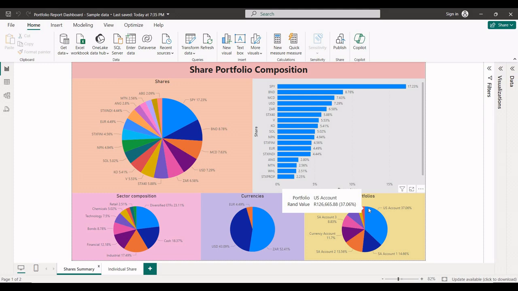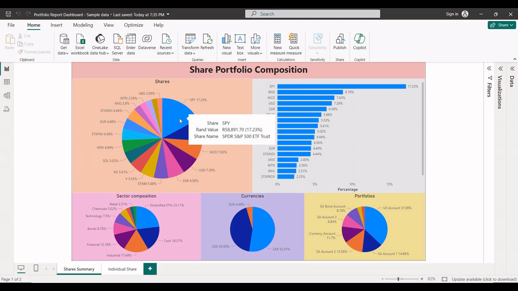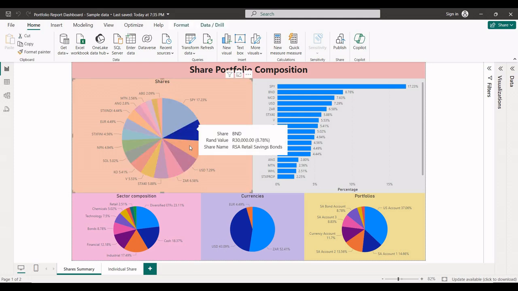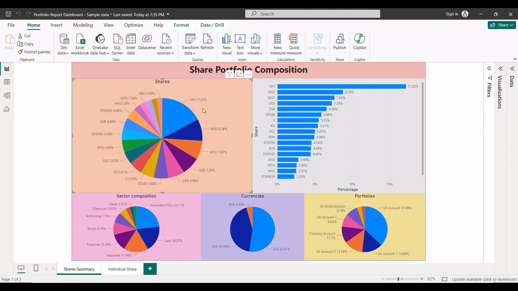Now, just to go through the visual and the interactions here, the shares pie graph does not interact with any of the other pie charts. So as you can see, clicking on any slice of the shares graph doesn't change any of the other graphs. Also, the horizontal bar graph does not interact with any of the other visuals, so it simply just highlights what you select.